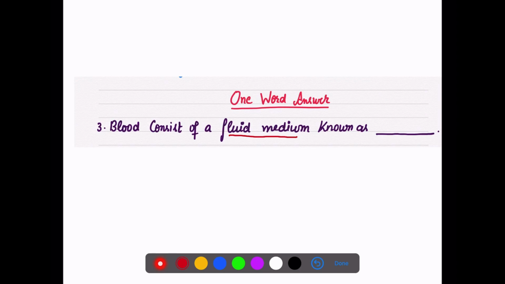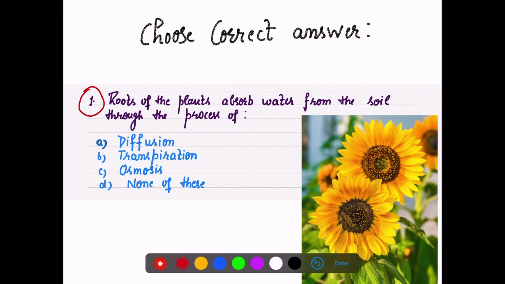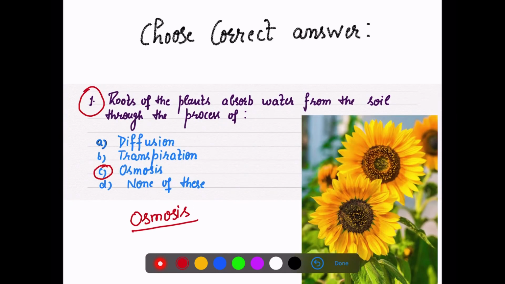So okay, here is the time to mark your answers. The first question has the correct answer, that is your option number C. So the first question's answer is osmosis, and if it is correct then give yourself 1 mark, and if it is incorrect then put 0.